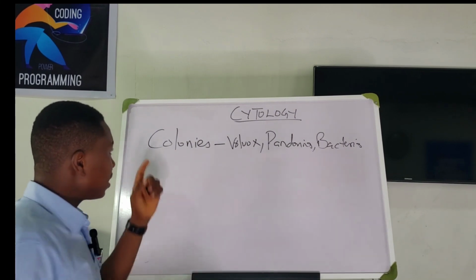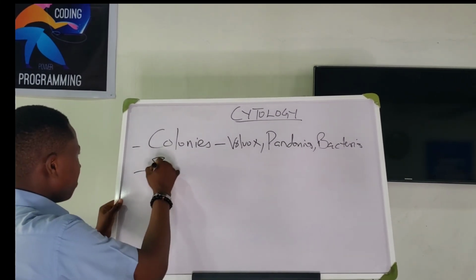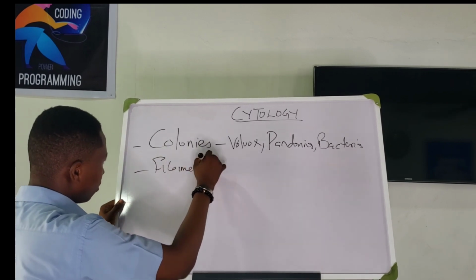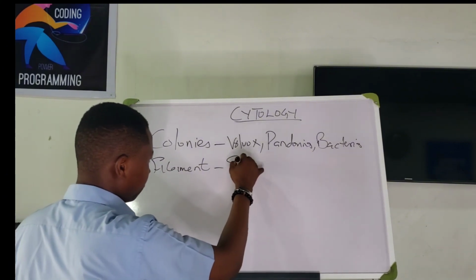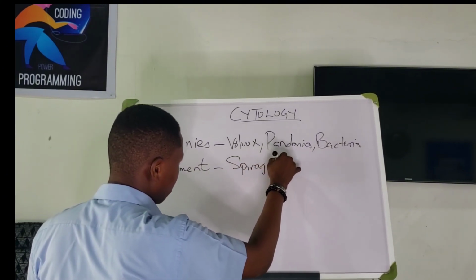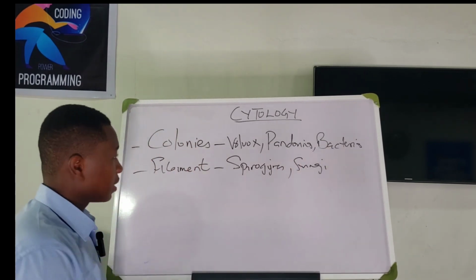The second form in which cells can exist is as filaments. Some cells are filamentous in nature. For example, you have the spirogyra, and most fungi exist as filaments.